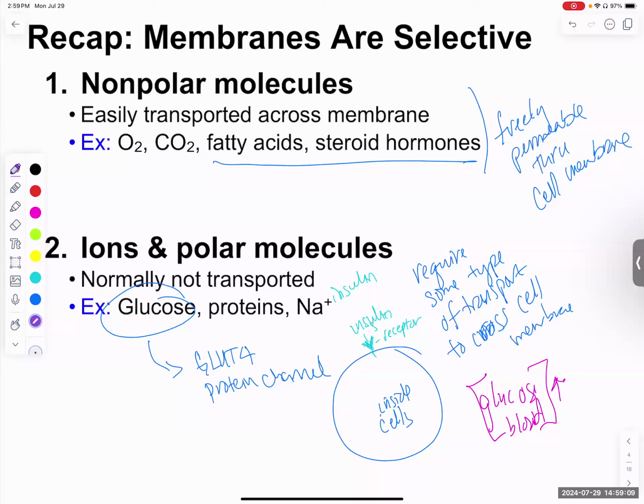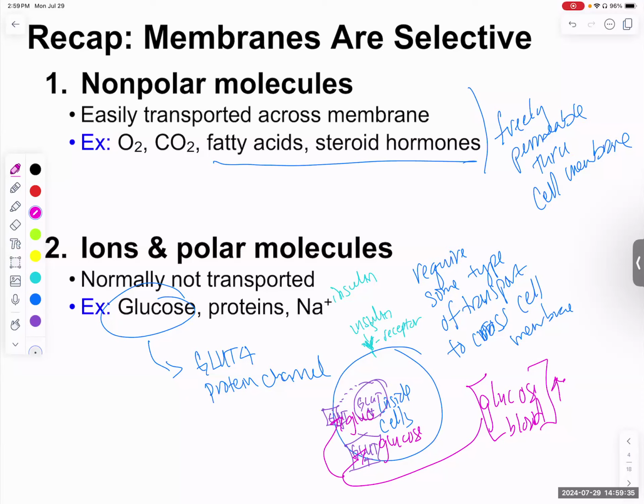And that second messenger system is going to take these GLUT4 channels that are just hanging out inside the cell, and it's going to insert these GLUT4 channels. And that's really what insulin does, right? So it inserts these membrane channels, and they are specific for glucose. And now glucose can enter the cell.